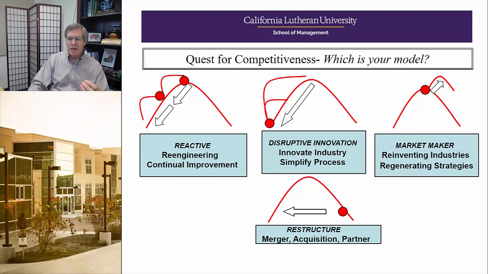Or are you a market maker where you're reinventing the whole industry and regenerating strategies? And one would hope you're not at the bottom restructuring after you have reached the end of your life cycle. In that case, you'd need to merge, form an acquisition, or find a new partner. So which is your model for your organization or your client's organization?